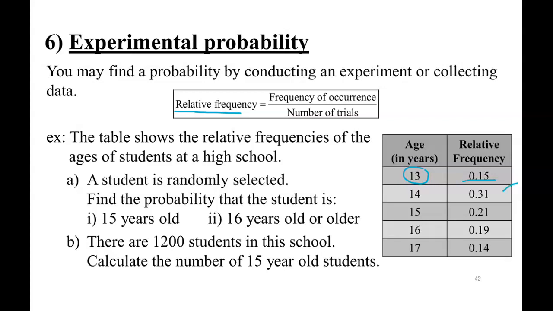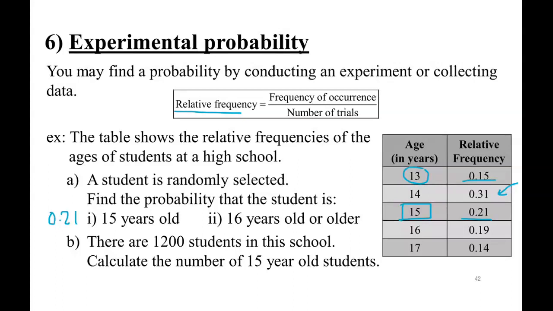Similarly, we have a probability of 0.31 of choosing a student aged 14 years old, etc. So, now in part A, what we need to find is the probability that the student randomly selected is 15 years old. So, if we look here, the students aged 15 have a relative frequency of 0.21. Therefore, 0.21 is the probability of having the student selected being aged 15 years old.